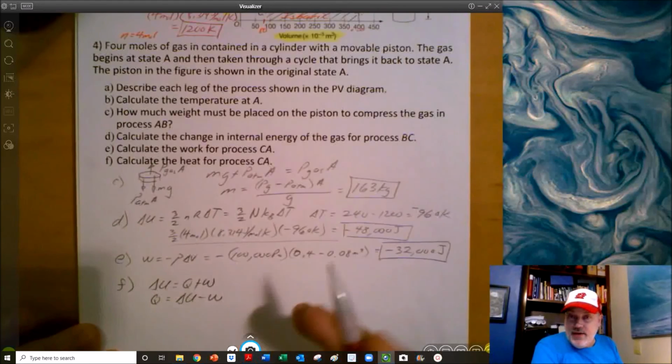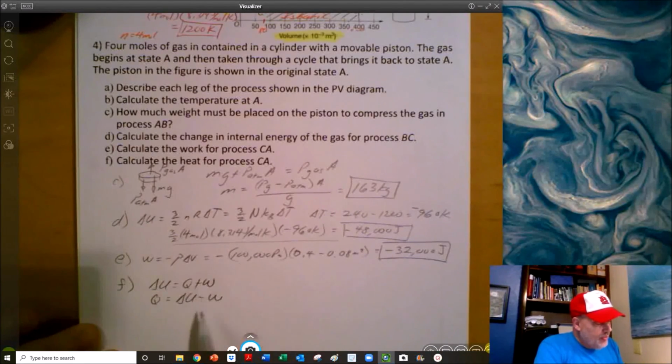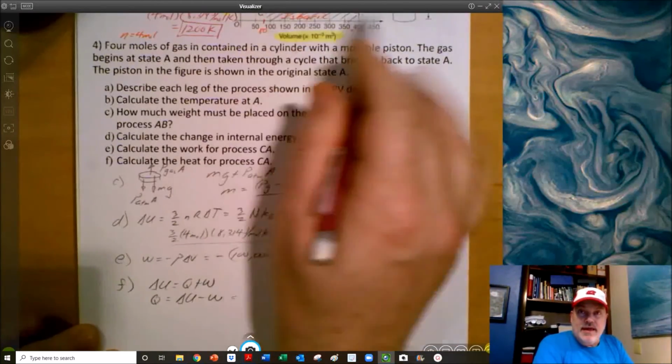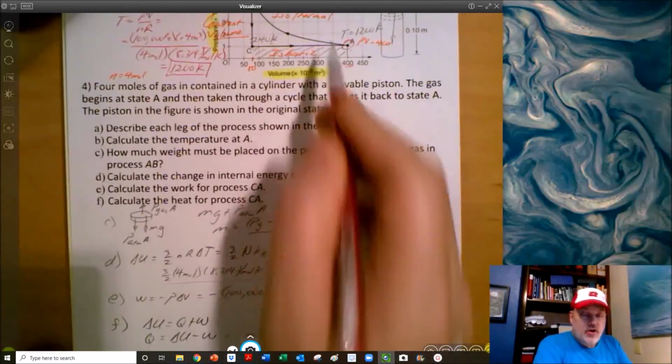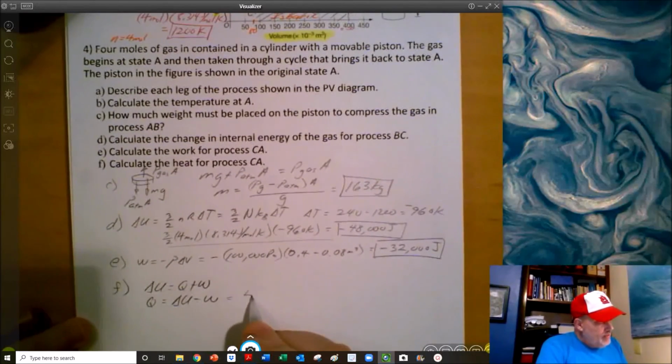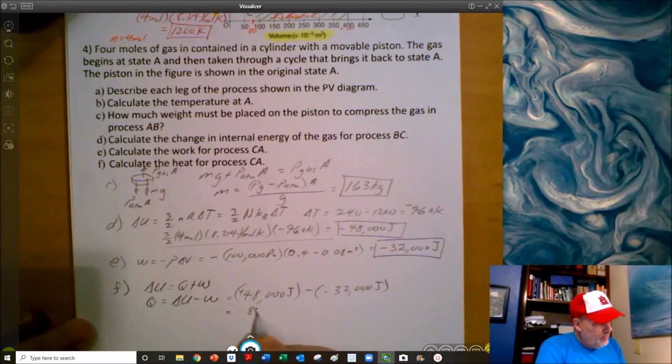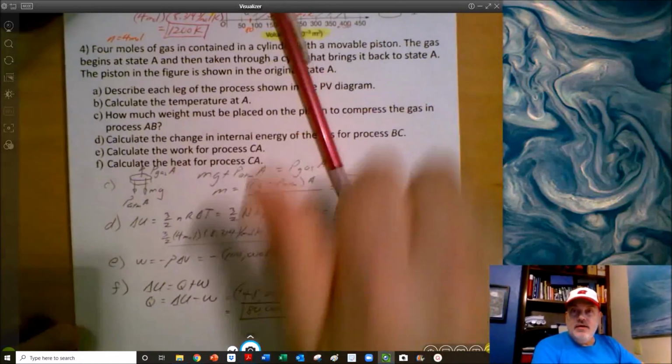I've done that one already, so I'm not going to redo that whole process. What we end up with is actually the positive of this value, because we're going back to the same temperature that we started off at. So it ends up being 4,800 joules of change in internal energy, and it's positive, minus negative 32,000 joules here, for a grand total of 80,000 joules. Voila, we're done.